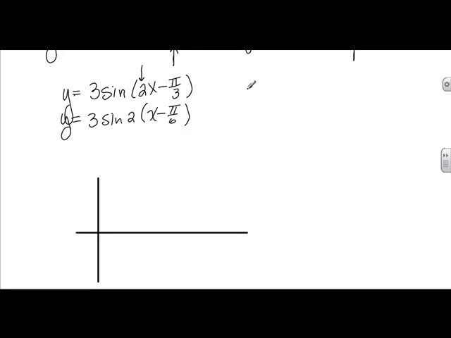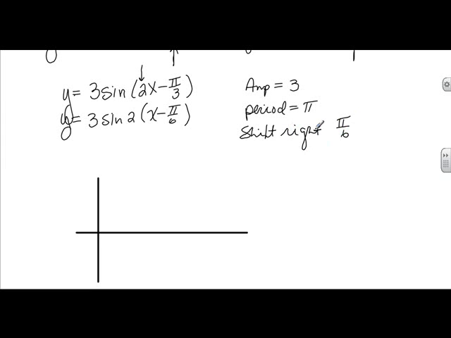So now we know we have a function that has an amplitude of 3, a period of pi, and a shift to the right of pi over 6 units.